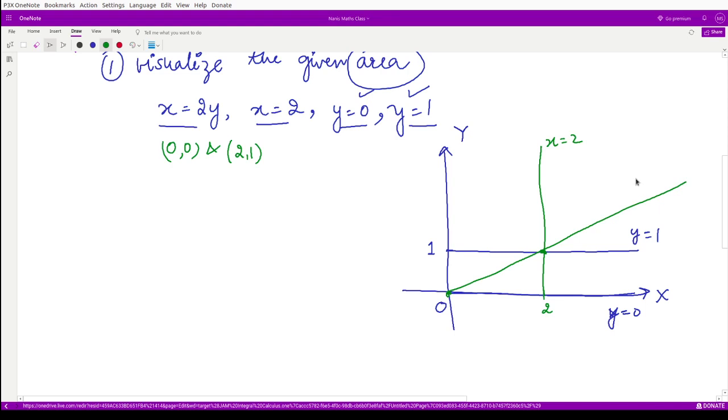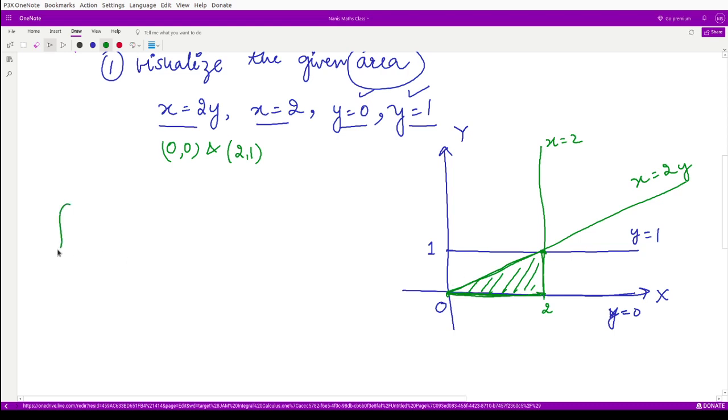This would be your line, x is equal to 2y. Your bounded region would be that bounded between this line and this line, and obviously this line covers this particular portion also. So this is our required area.